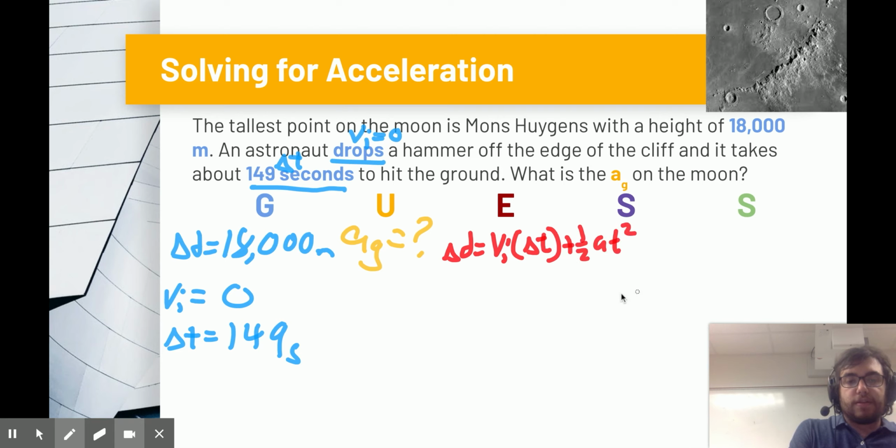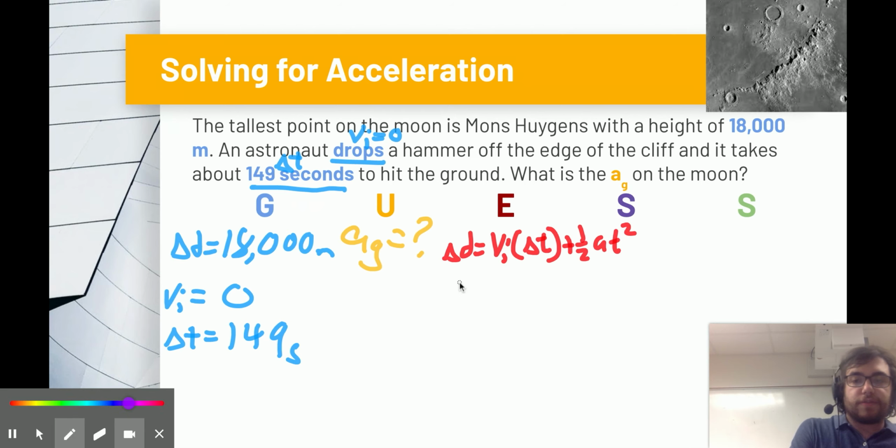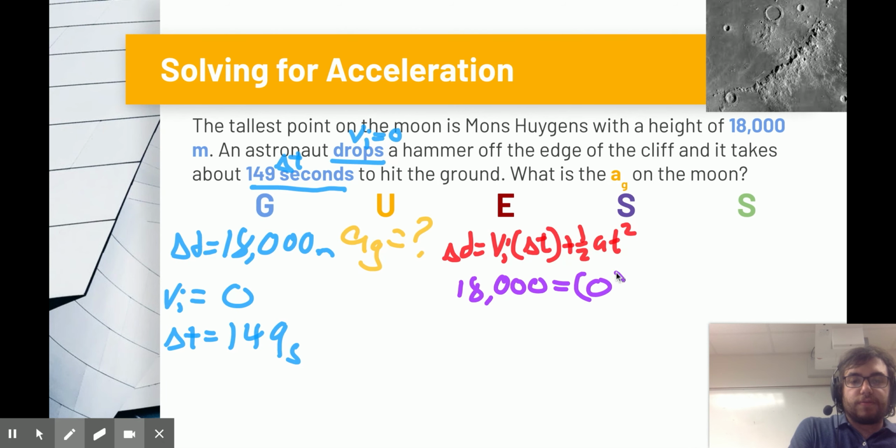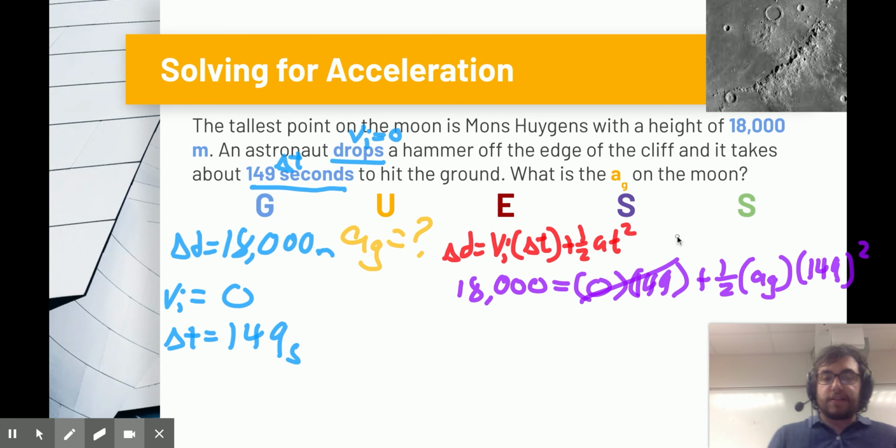All right. The tricky part here is plugging in things correctly because it is a little different. So this time we already have displacement. 0 times 149 plus 1/2 times AG times 149 squared. That cancels because 0 times anything is equal to 0.